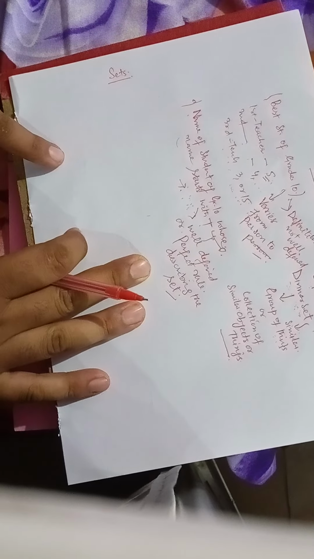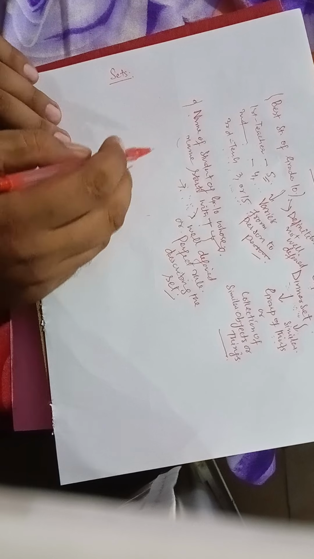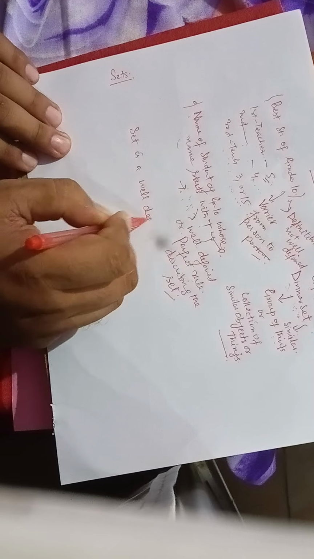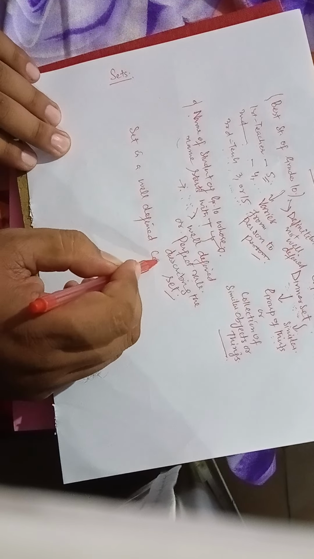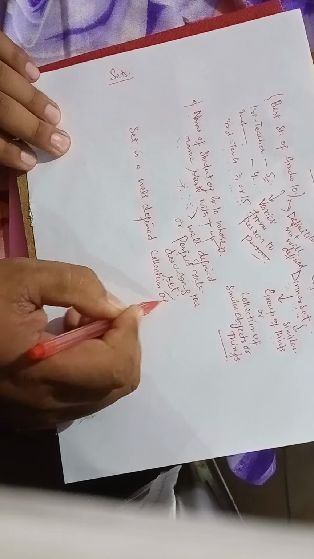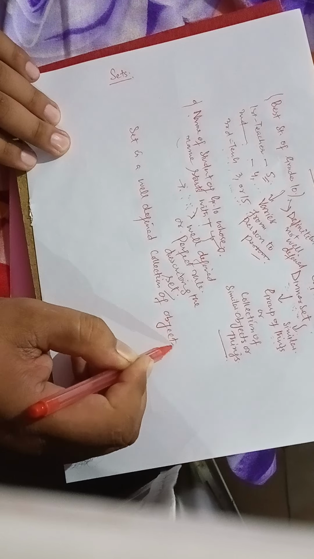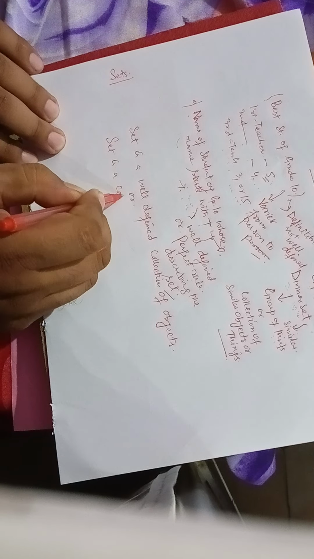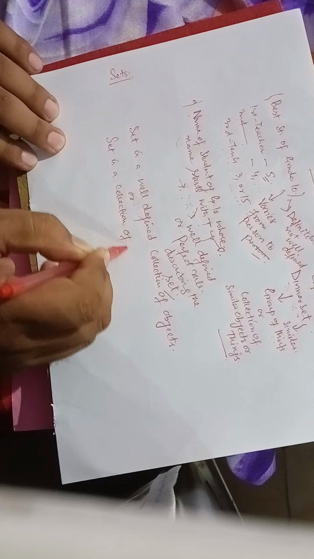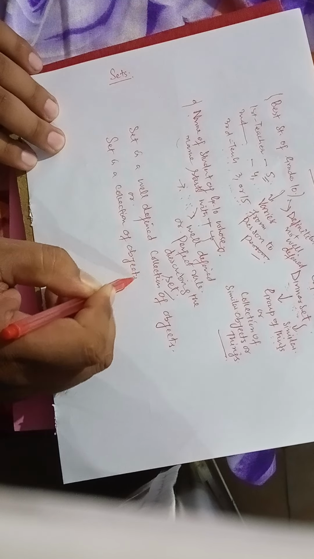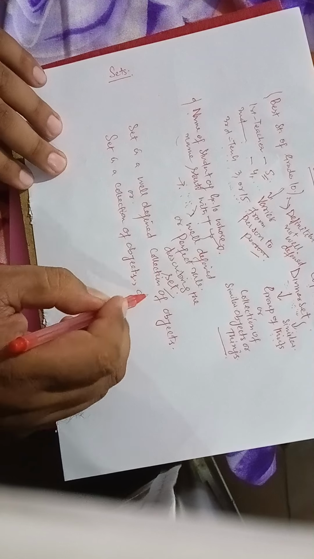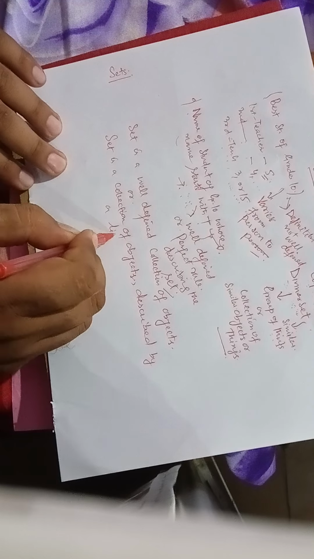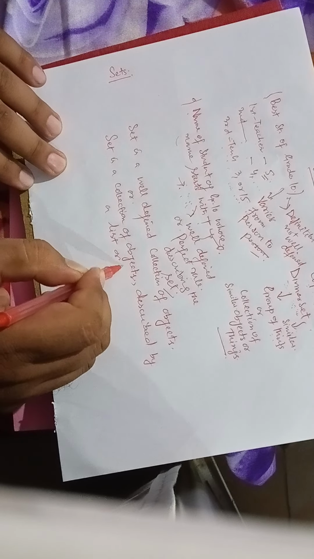So how can we define a set? I can say a set is a well defined collection of objects, or I can say a set is a collection of objects described by a list or a rule.